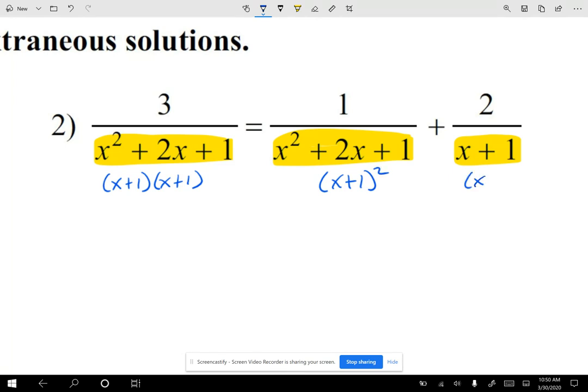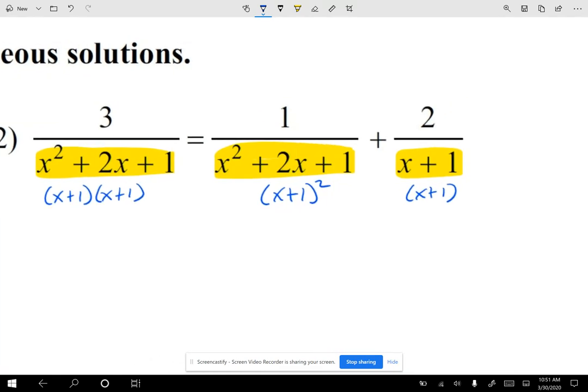And obviously on my third fraction, my factor is x plus 1. When I look at each of my parentheses, I ask myself, what values of x will make the denominators, the parentheses at the bottom, equal to 0, and I get x equals negative 1. So that's the value that I cannot accept, because I don't want zeros at the bottom.